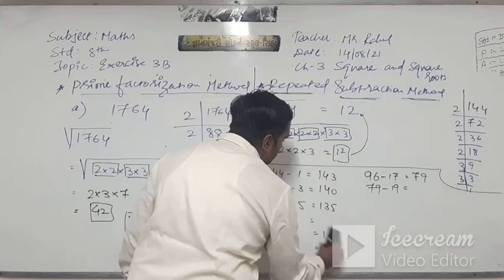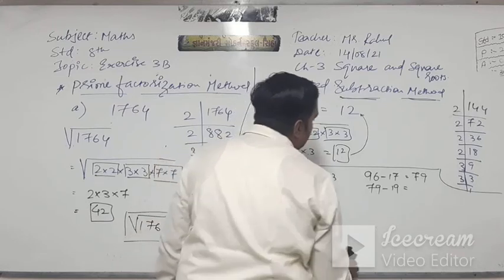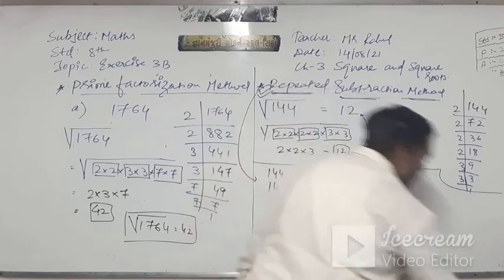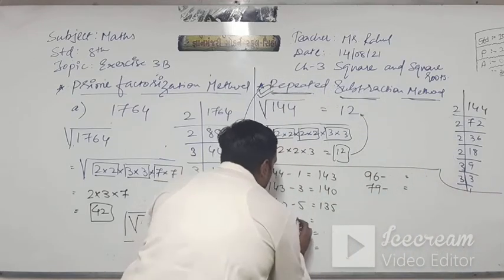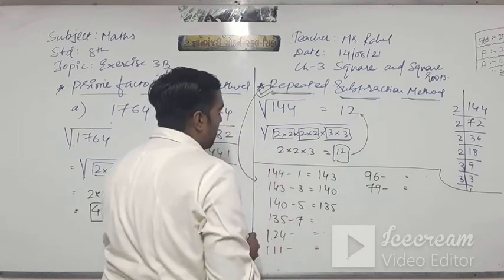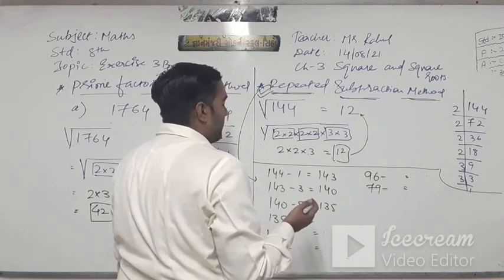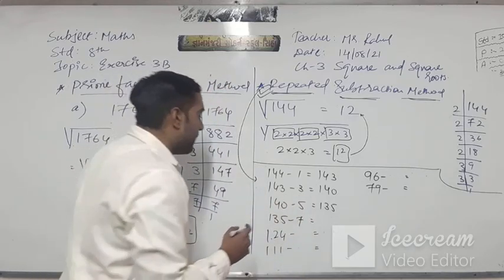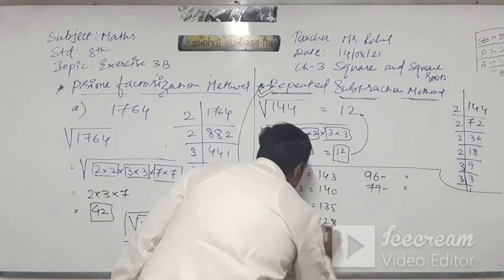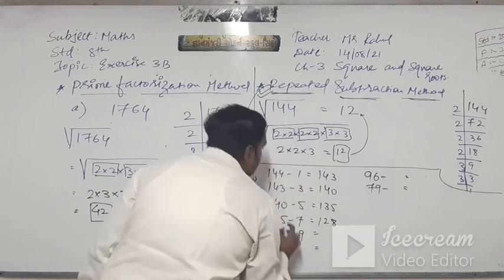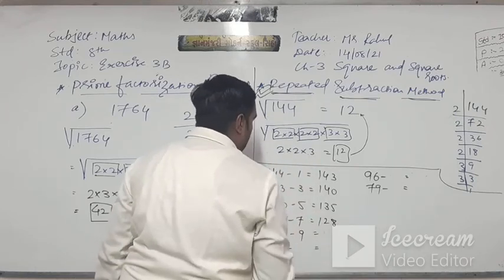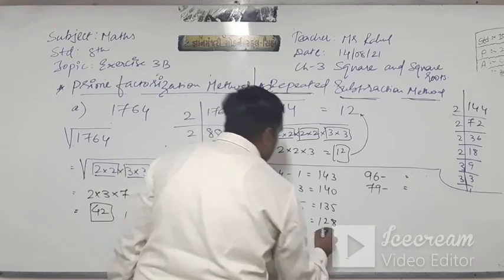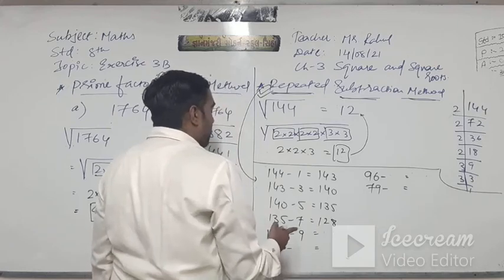Here is my mistake in the subtraction, 7 and 9 are missing. So 135 minus 7, 135 minus 5, there is 130, 130 minus 2, 128. 128 minus 9, 1, 3, 5, 7, 9, 128 minus 8, there is 120.